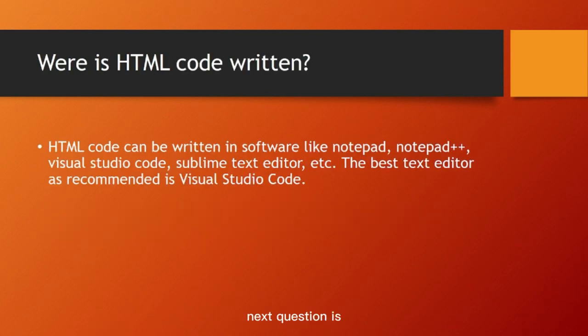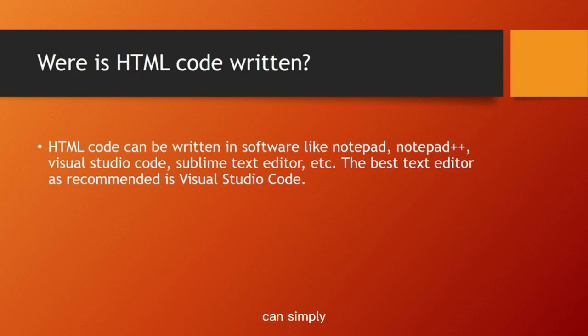And the next question is: where is HTML code written? HTML code can be simply written in Notepad, Notepad++, Visual Studio Code, Sublime Text Editor, or any other kind of editor on your device. All you need to do is create an HTML file with a .html extension.